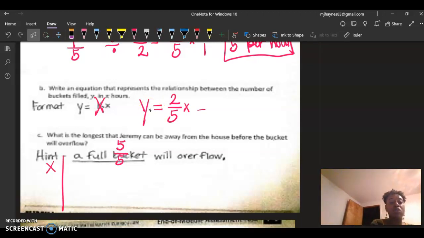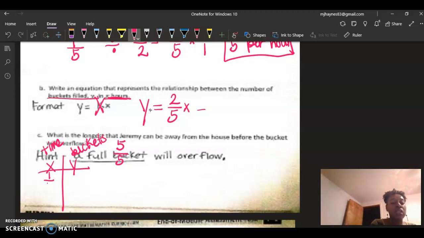I can also use that equation, but we haven't been that strong in that. That's something we need to practice a little bit more. X is hours and y is buckets filled.